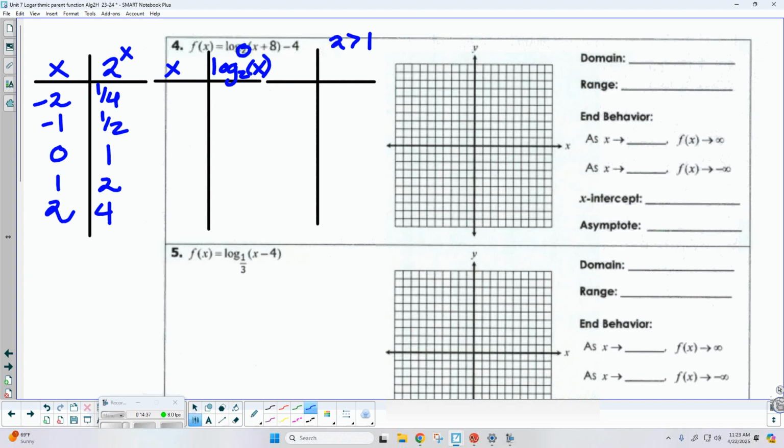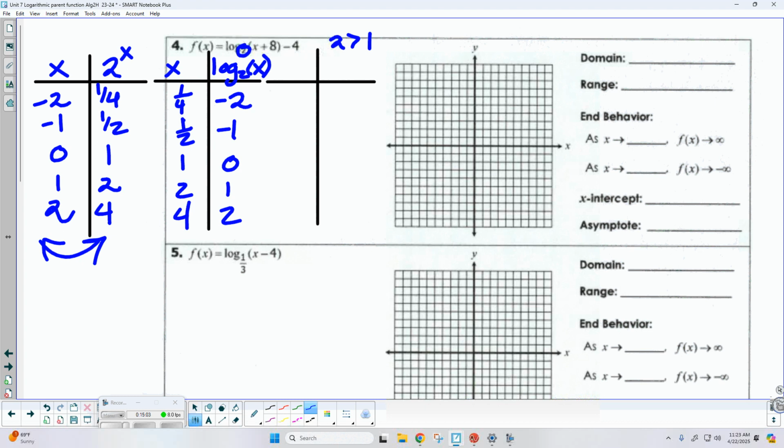So I'm going to take these values of x and y, and I'm going to switch them. So now we have -2, -1, 0, 1, 2. And then this one becomes 1/4, 1/2. Then we have 1, 2, and 4. Now we want to go ahead and apply those transformations. The easiest one is always going to be the vertical.